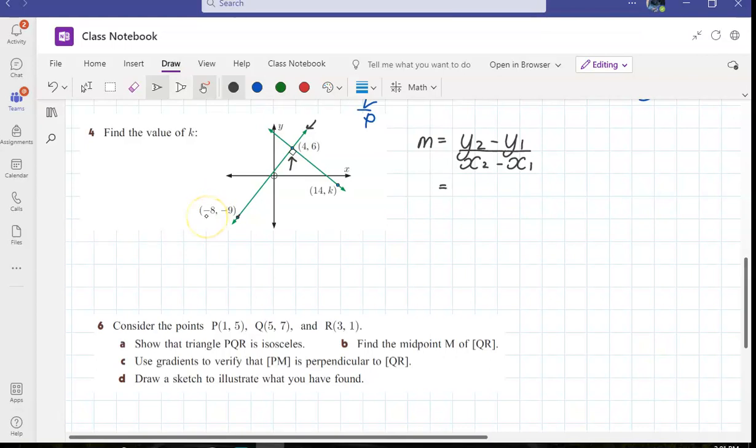Which one do you want to call X1 and Y1? There's no right or wrong answer. You can either call this or this. It doesn't matter. Some of you are going, why is she labeling? Because my head hurts and I don't want to mix up the numbers. You don't have to label. So here we go. Y2, so that's going to be 6 minus Y1, which is minus 9.